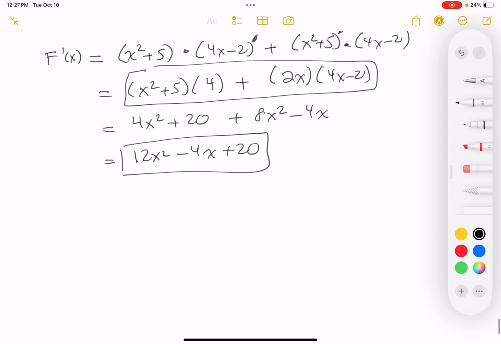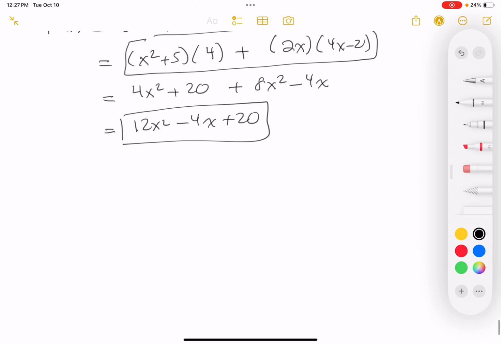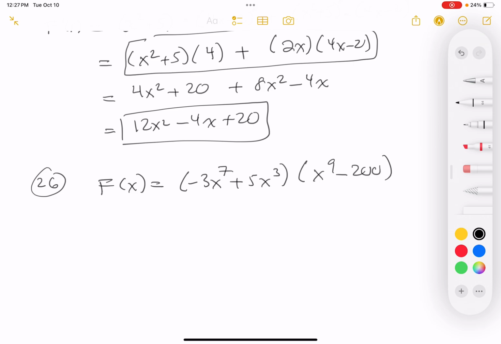Again, we're doing the product rule. So that was question number 25. I'm on 26 now. 26, a big F. And they got this over here, minus 3x to the 7 plus 5x cubed, and then it's multiplied by x to the 9 minus 200. Right, I'm not going to be so careful like the last time with all those prime marks.